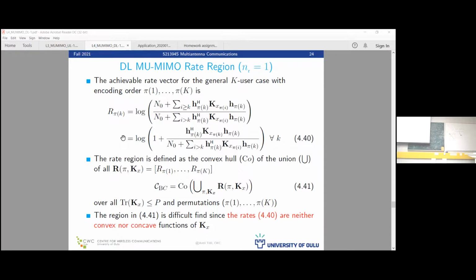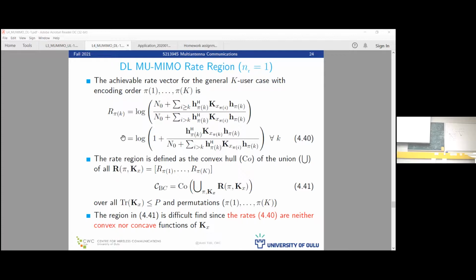This is the feasibility, so transmit power constraints. Of course, it's impossible. It's an infinite number of combinations. Cannot be handled. But that holds in principle.